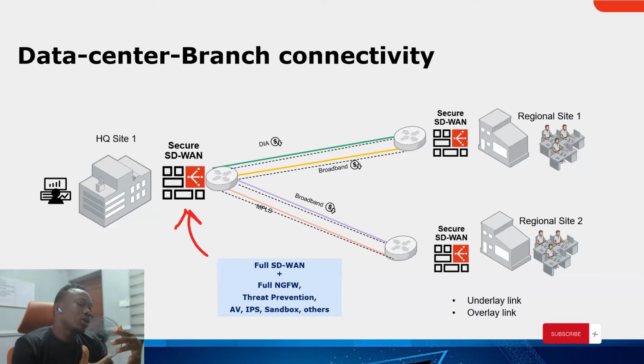Then we'll also test what happens when one link fails, maybe one link goes down, or the performance SLA or the threshold for each of those links has been exceeded. We'll see how SD-WAN will fail over to the second link, so that there won't be any undue interruption in accessing resources at the data center. Then that's the first use case, which I'm going to demonstrate here.